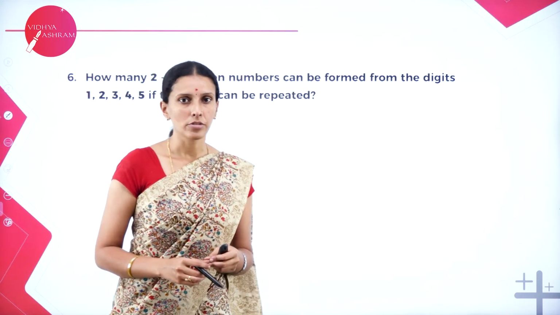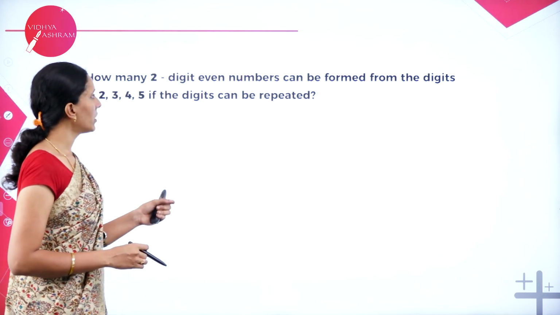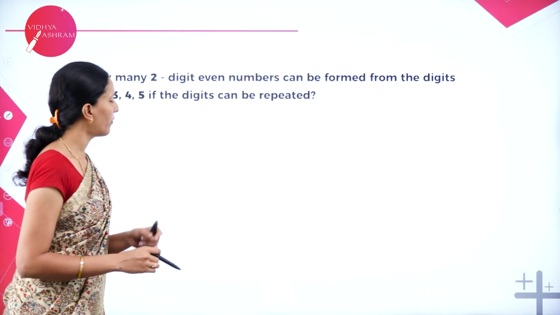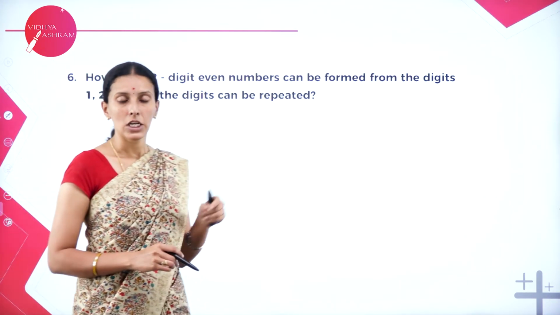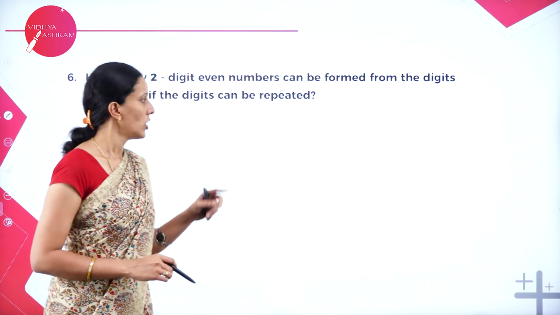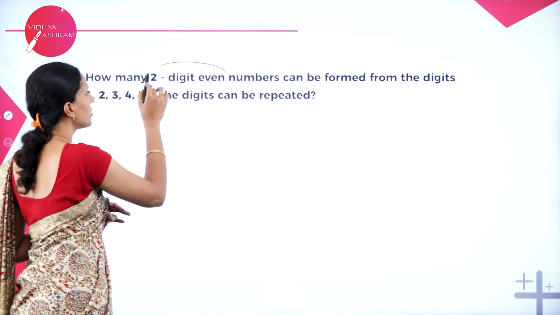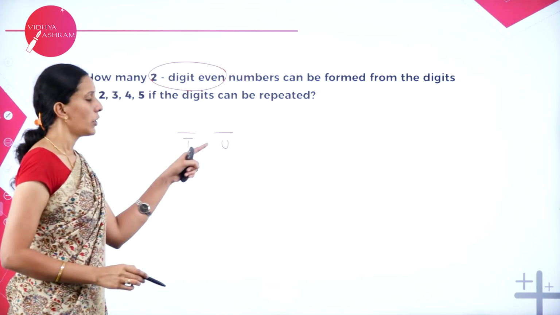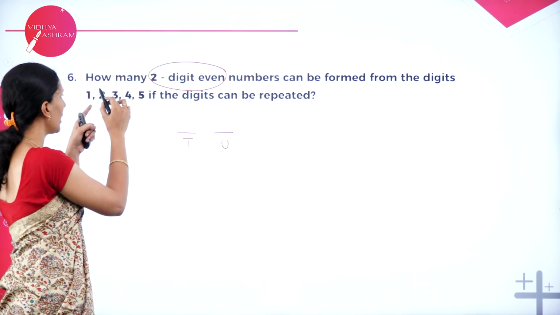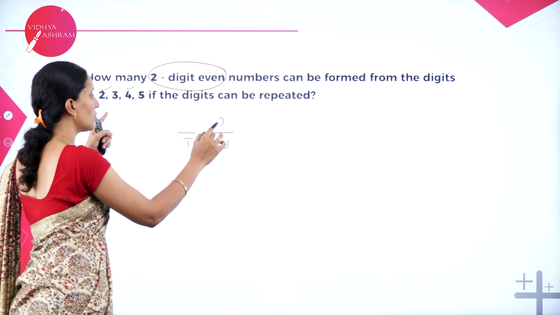The next question is, how many 2-digit even numbers can be formed from the digits 1, 2, 3, 4, 5 if the digits can be repeated? So here I can repeat the digits. As I said, 2-digit even numbers means I have only the units place and the tens place. The units place has the chance of taking only 2 and 4, that is 2 chances.